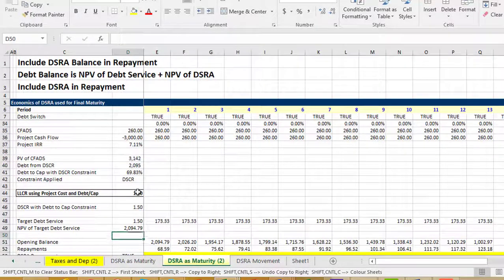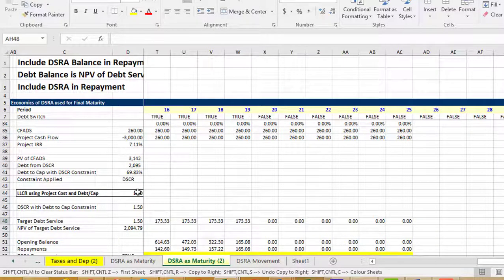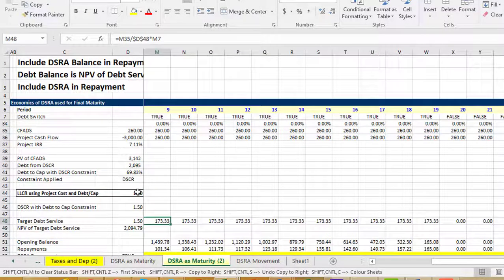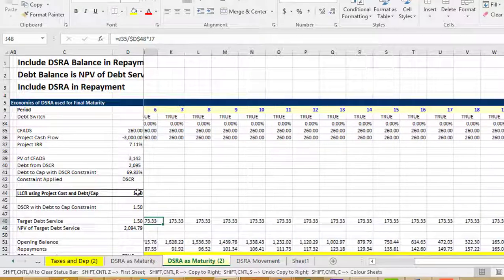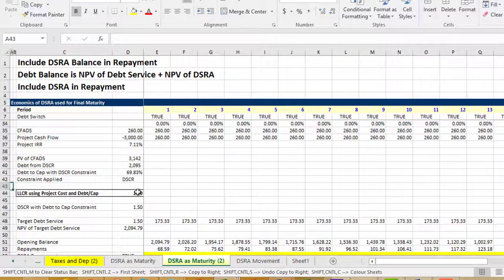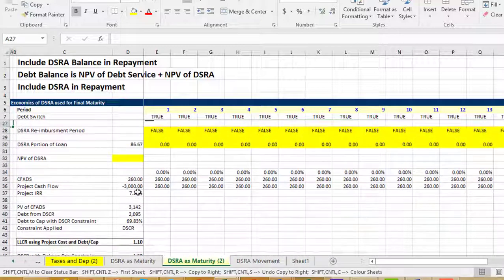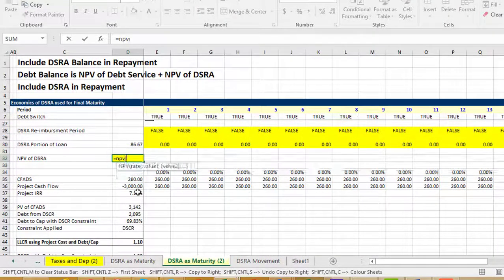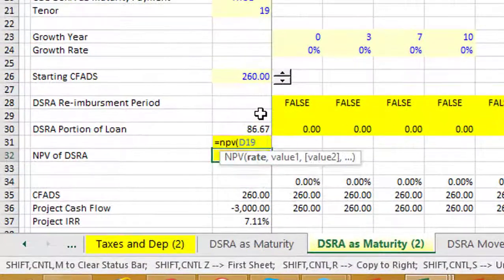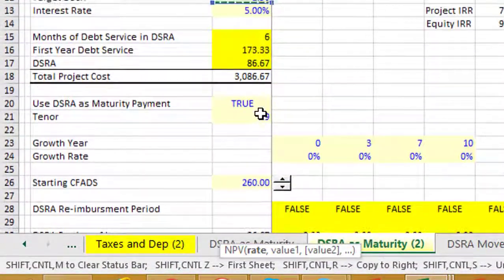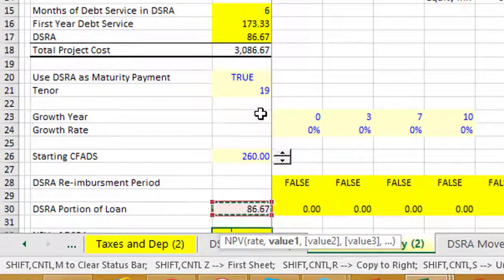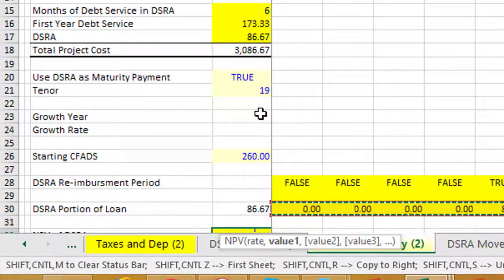Now, if we are going to allow this DSRA to be used as paying the debt service, we can add something. I should tell you right now that I'm going to take the NPV at the interest rate of all the DSRA.